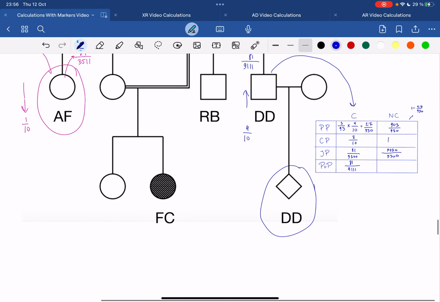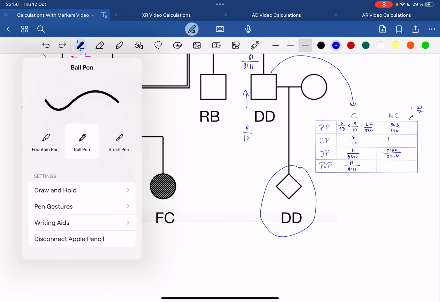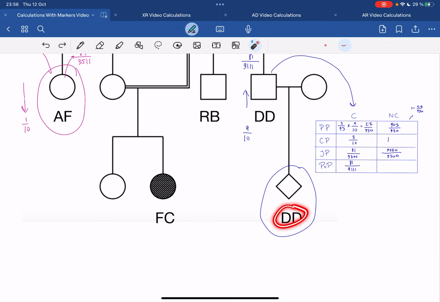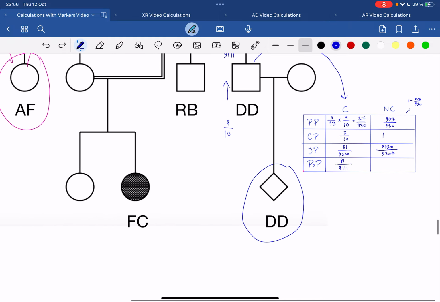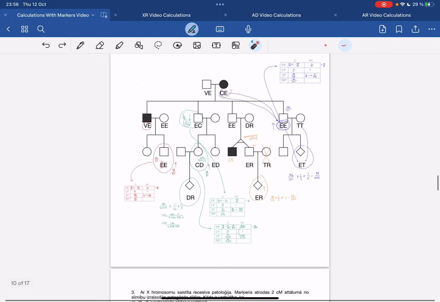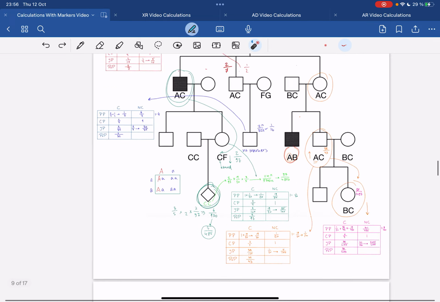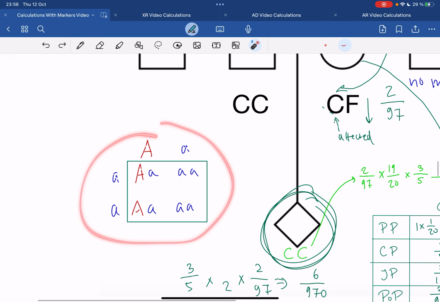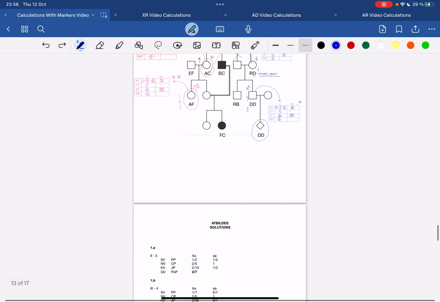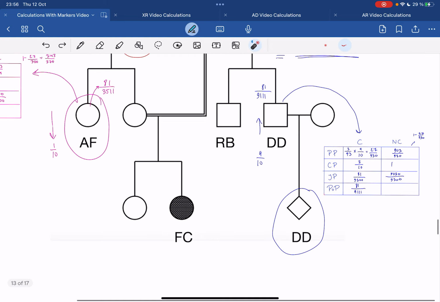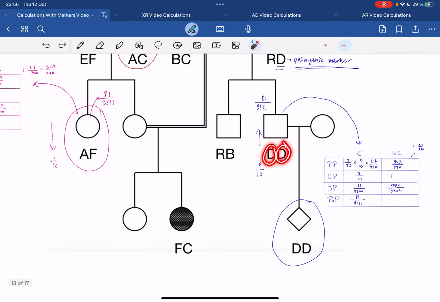Now, what is the chance for this kid to be affected? For this one, we actually know that the kid has gotten at least 1 D from the dad. However, which one it is, if it's the pathogenic or not pathogenic, we actually don't know. And therefore, we revert back to our old days, which means we have to look at the Punnett square. There is 1/2 chance for this child to have received the pathogenic marker out of these two.